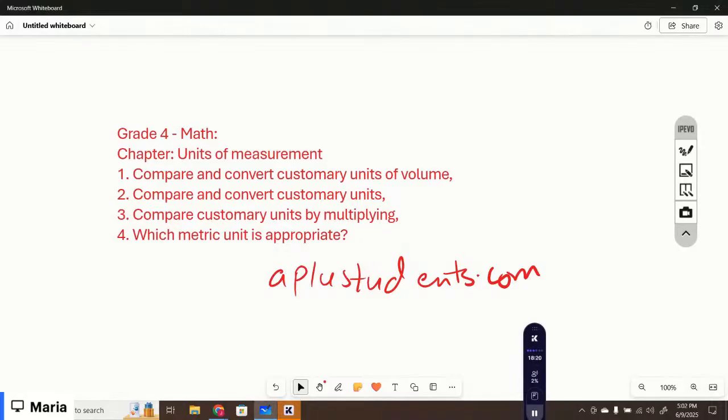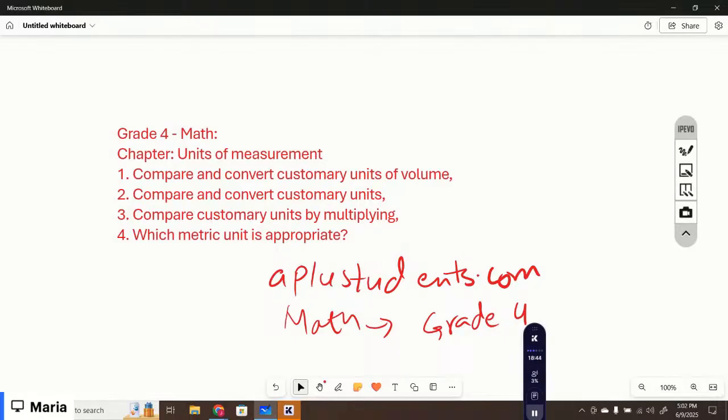Then you have to select math from the subject tab, scroll down to grade 4 math, and then click on view all lessons. There you can find a list of the chapters. We're going to start with the chapter unit of measurement.